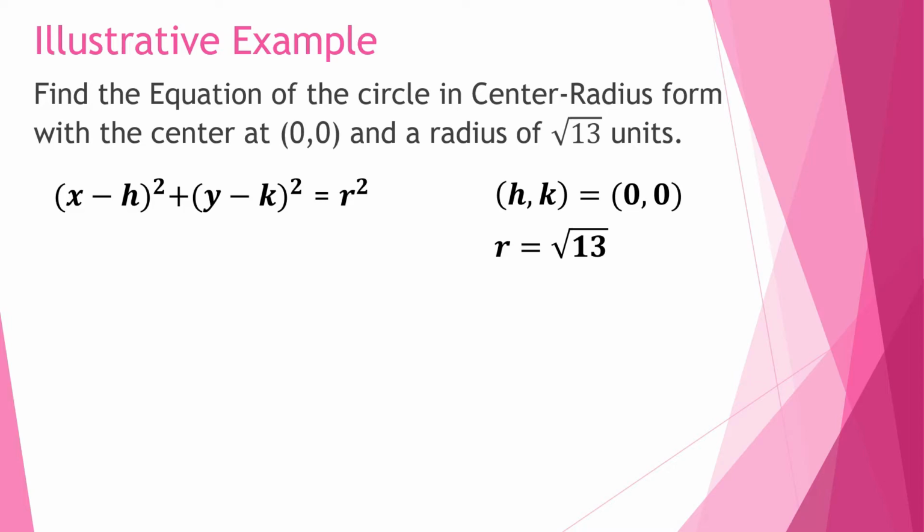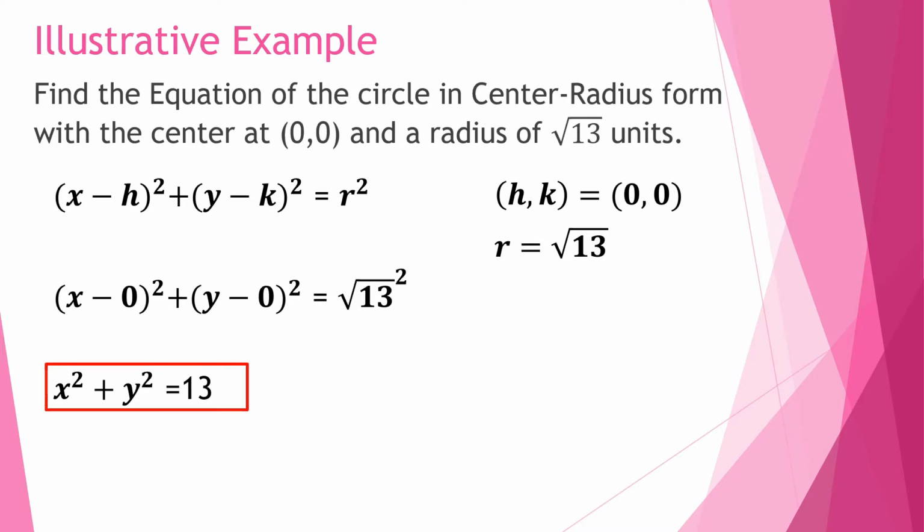Then in our equation, we're going to replace h, k and r. So that will give us x minus 0 squared plus y minus 0 squared is equal to square root of 13 squared. Simplifying this further, we will have x squared plus y squared is equal to 13. And that will be the equation of a circle in center radius form with center at 0, 0 and radius of square root of 13.